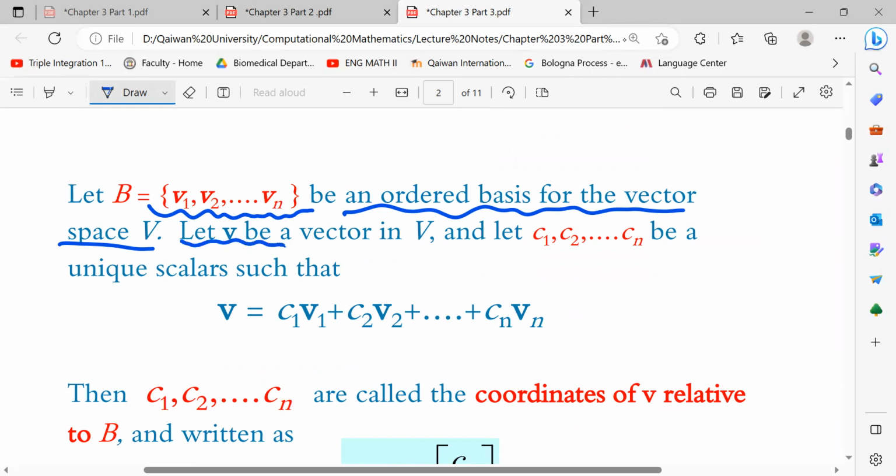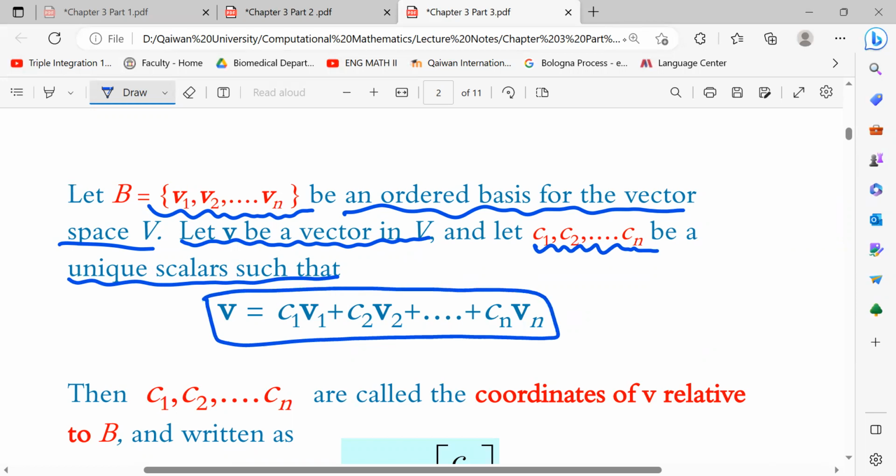And let v be a vector in V. And let c1, c2, up to cn be unique scalars such that v could be written as the linear combination of v1 up to vn. If you could write any vector of the vector space as a linear combination of the basis, we say these values c1, c2 up to cn are called coordinates.